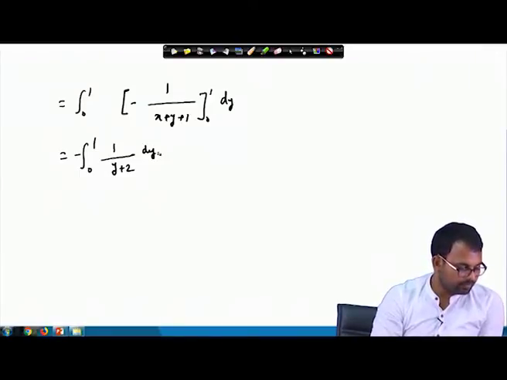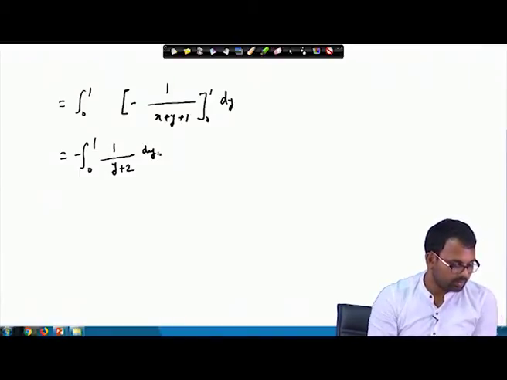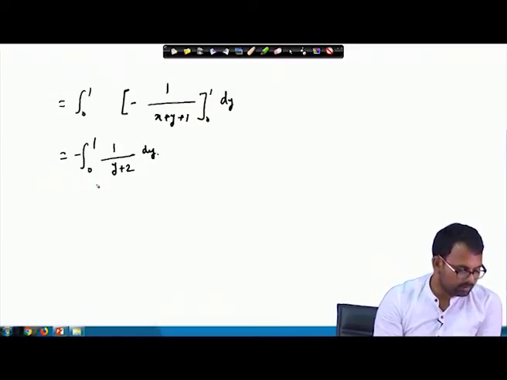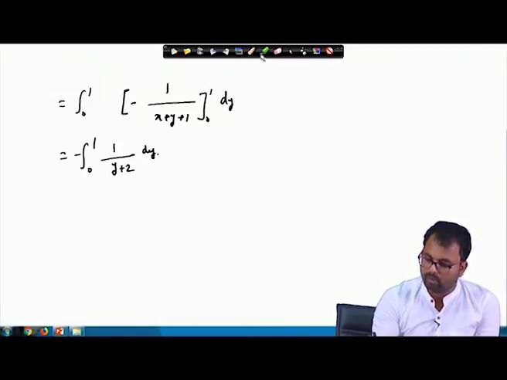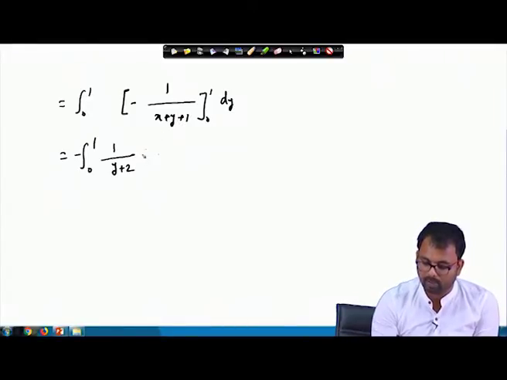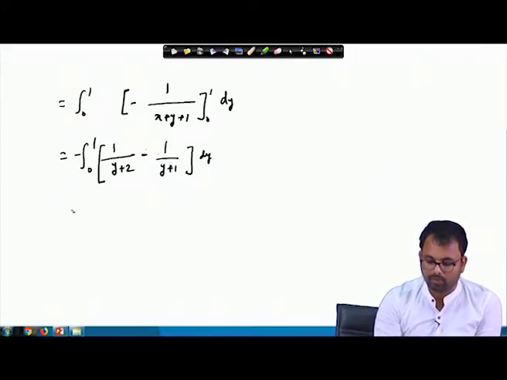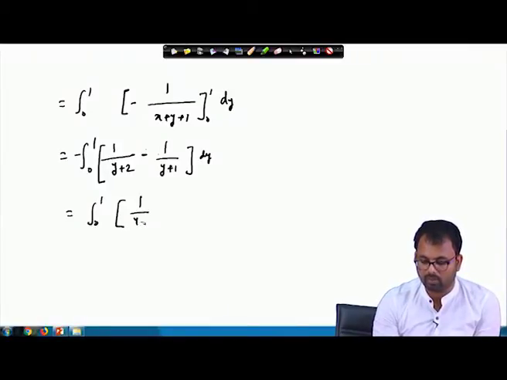And when x is 0, then this will be minus 1 by y plus 1 dy. So, we can rearrange it a little bit. So, this will be 1 by y plus 1 minus 1 by y plus 2, isn't it?